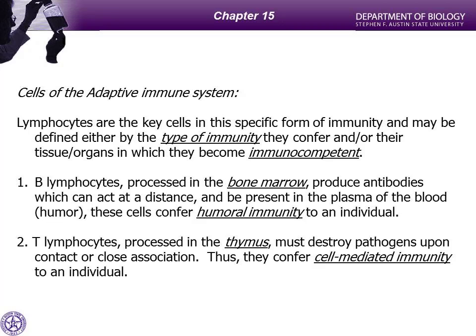So our lymphocytes are going to have their stem cells, again, in the bone marrow. But as these cells develop and before they mature, they leave the bone marrow, get into circulation, and end up in a lymphoid tissue where they become capable of recognizing pathogens.